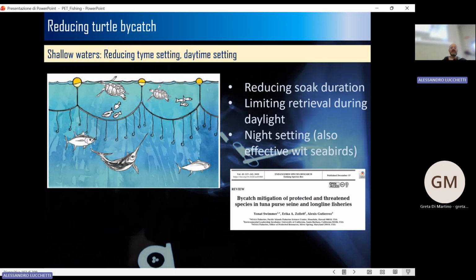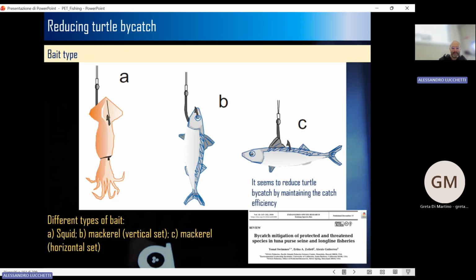You can reduce the soak duration, but the main target of fishers is to catch fish. If you reduce the soak time, you also reduce the probability of catching fish. So this is an effective solution, but in practical terms, you cannot tell fishers, okay, do not use your gear too much to reduce the bycatch.